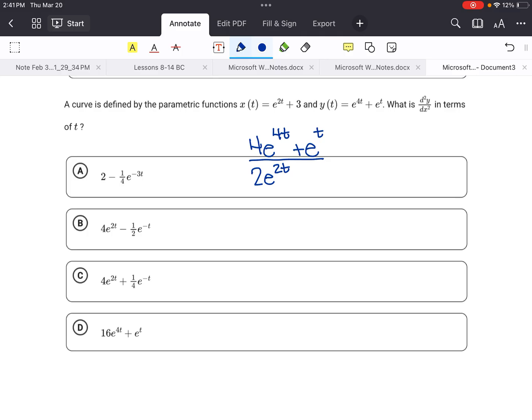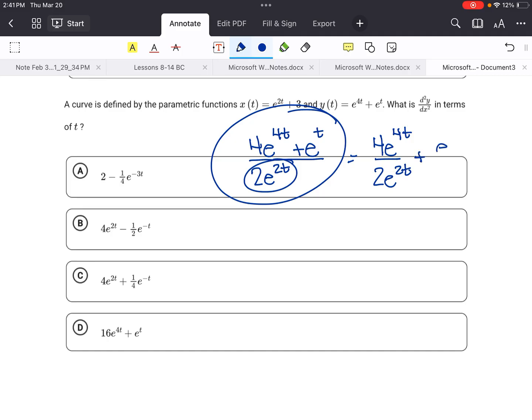The second derivative is going to be the derivative of the first one over dx. So if I want to work this one the way it is right now, that's okay. I'll have to do a quotient rule. But I also could maybe rewrite this. That's 4e to the 4t over 2e to the 2t plus e to the t over 2e to the 2t.